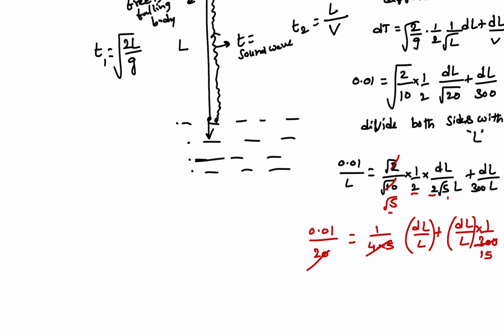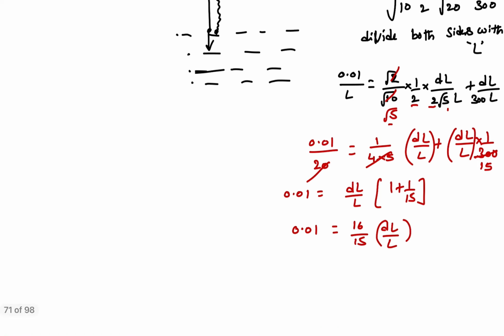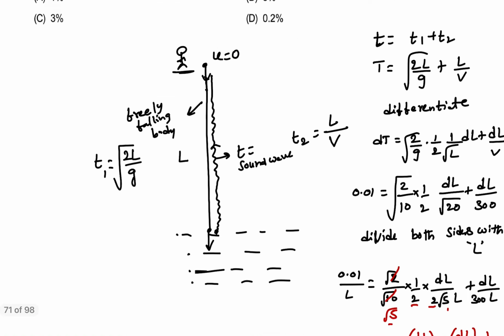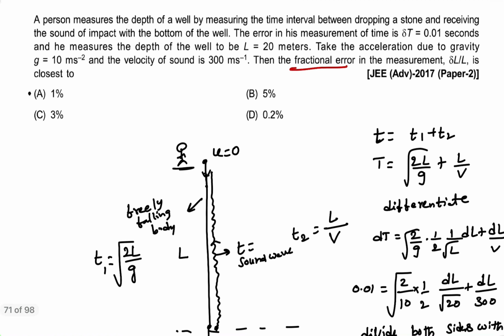This 20 and 20 get cancelled, so we get 15. So 0.01 is equal to dL by L taken common, 1 plus 1 by 15. So 0.01 is equal to 16 divided by 15 dL by L. Now dL divided by L is equal to 15 into 0.01 divided by 16.